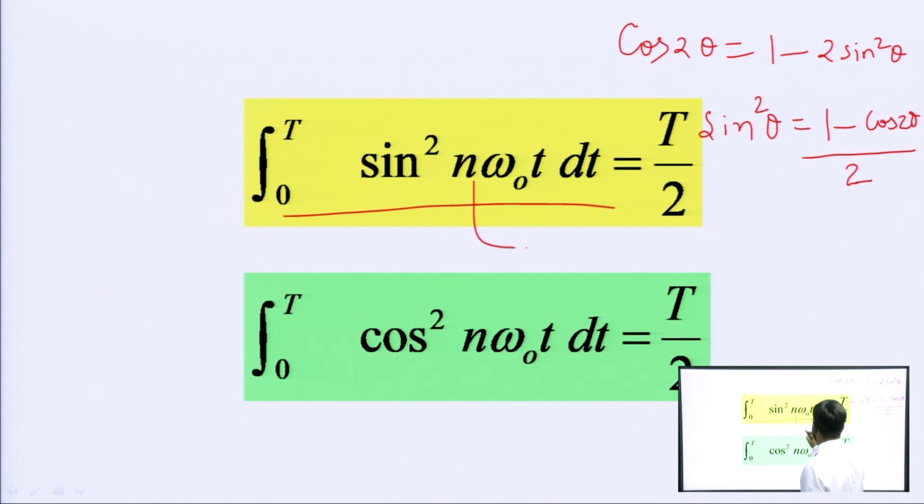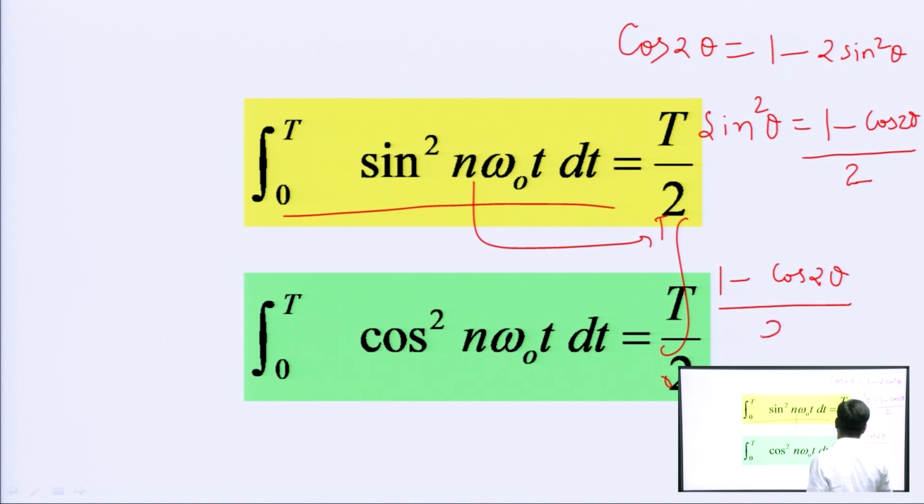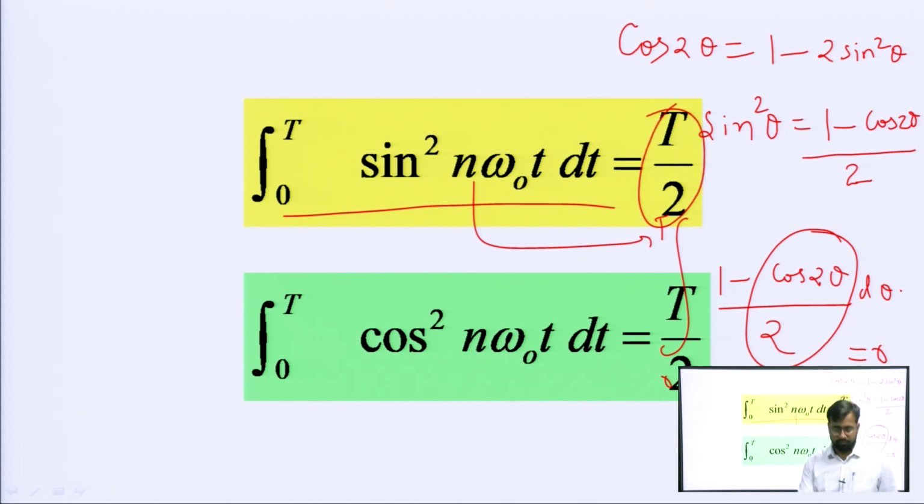So replace here: the integration from 0 to T of sin squared theta is (1 minus cos 2 theta) by 2 d theta. As we know, the integration of cos is equal to 0, so what we get from here is 1 upon 2 T. So here also T by 2. Same is the result, so this result you must also remember.